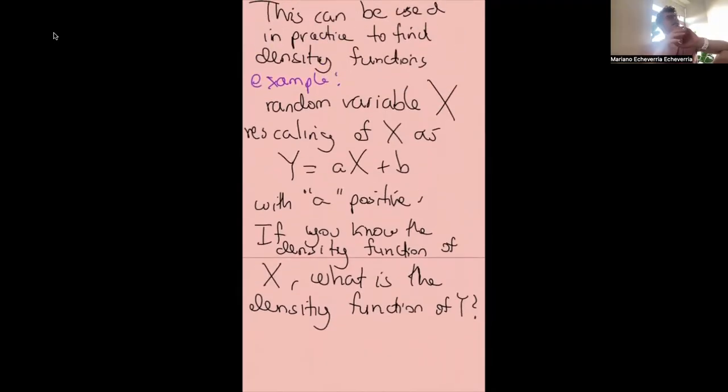Is the question making sense? It's just how to relate the density functions of two random variables that are related by some equation. So let's try to think about that concretely.